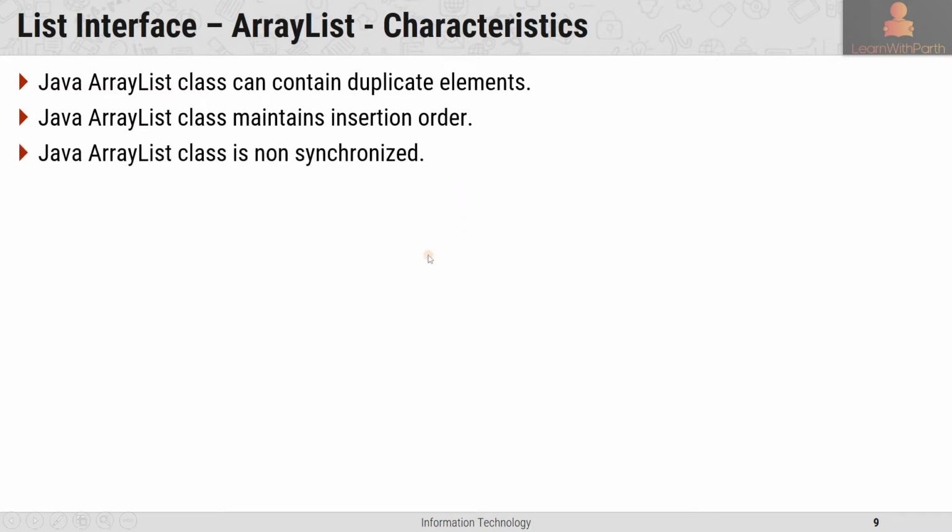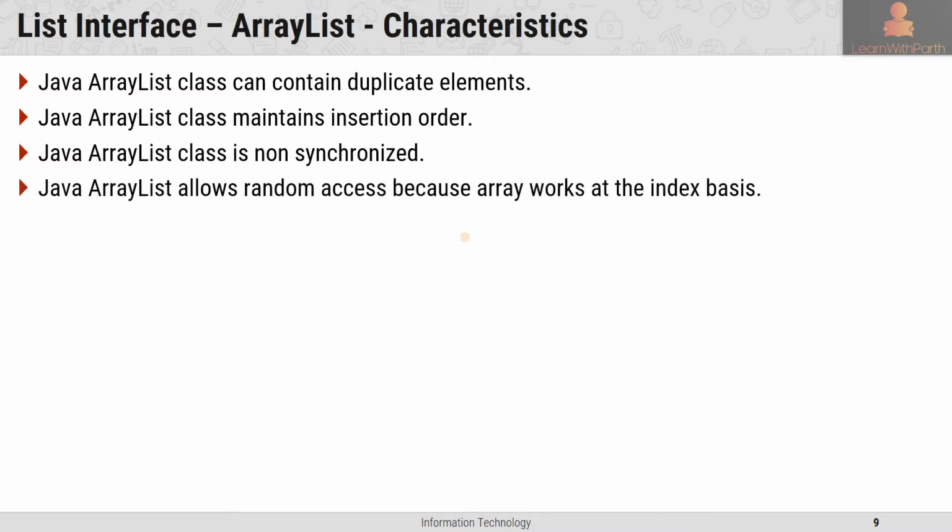The third one is that the ArrayList class is non-synchronized. That means if you are using this ArrayList object with threads, multiple threads can simultaneously access or call the methods of the ArrayList. That is the meaning of non-synchronized. Next, it allows random access like the array.